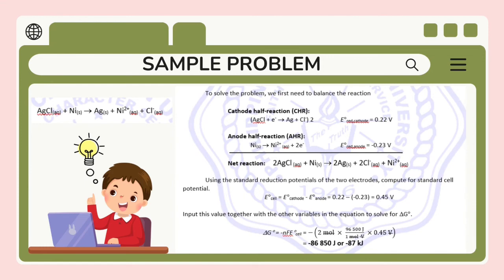So we have negative (2 moles multiplied by 96,500 joules per mole volt multiplied by 0.45 V), which gives negative 86,850 joules, or negative 87 kilojoules. Always remember that this is in standard condition.